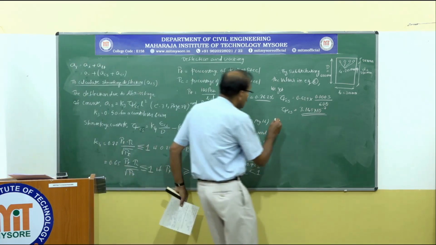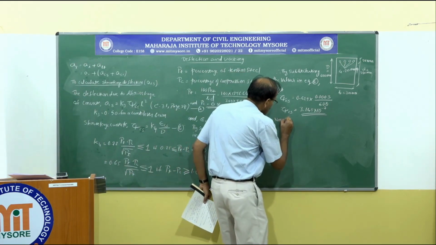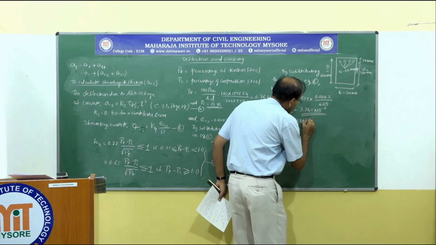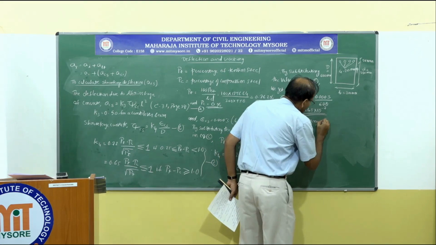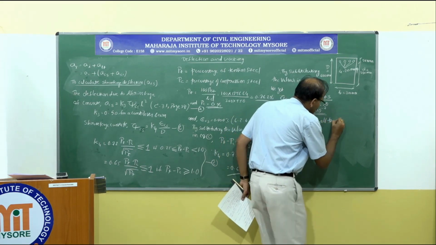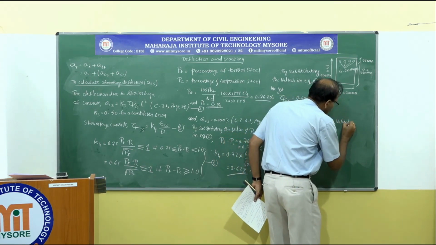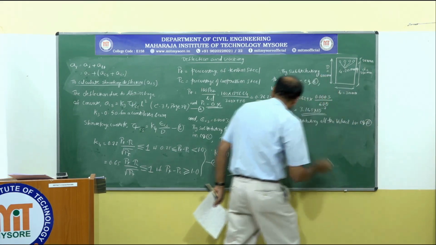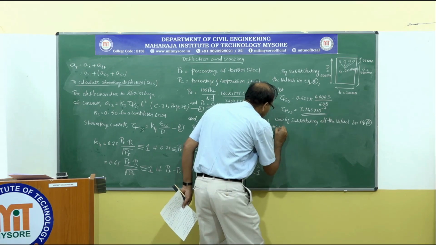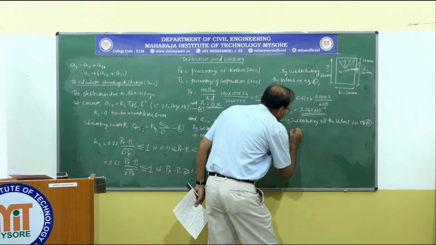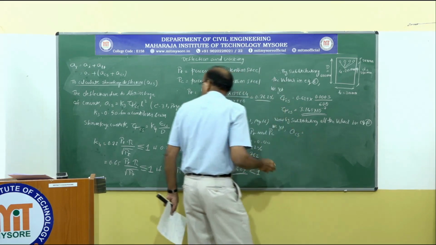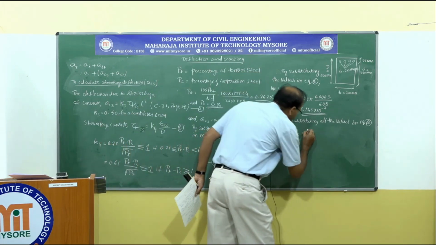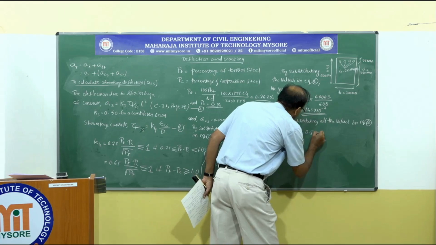Now, by substituting all the values in equation A, we get ACS equal to K3, that is equal to 0.50 for a cantilever beam.